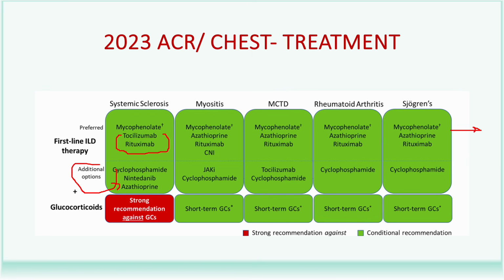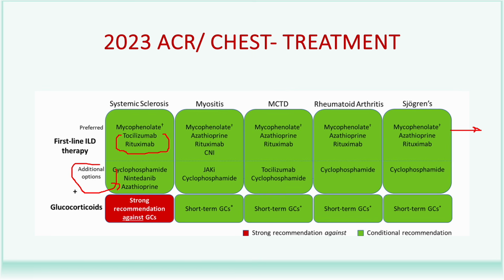Now, this essentially tells us that nintedanib was an additional add-on for systemic sclerosis according to this algorithm, unless the patient had rapidly progressive ILD. But we understand that the fibrotic mechanism and the inflammatory mechanism, the signaling is on all the time. So since nintedanib is not an immunosuppressant, it was not directly your first choice.